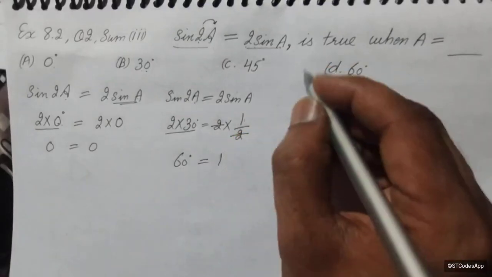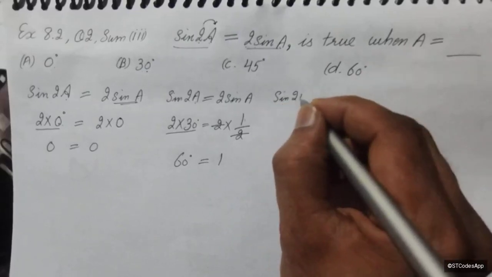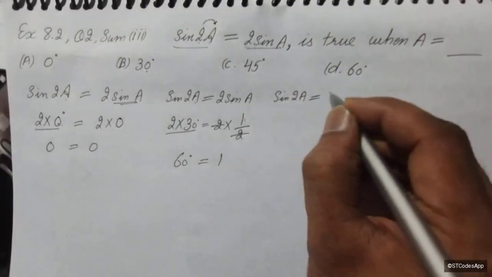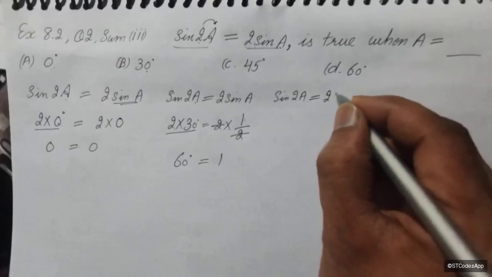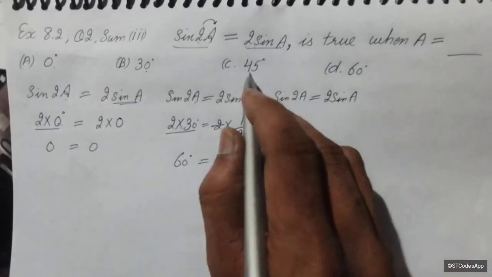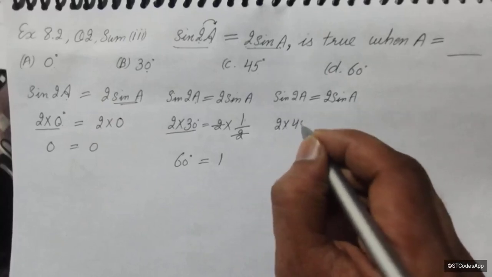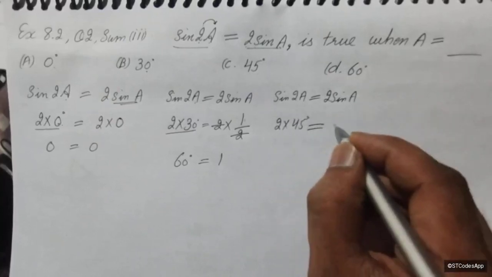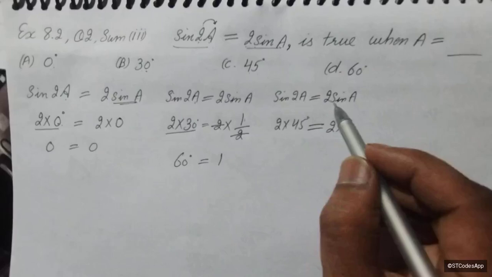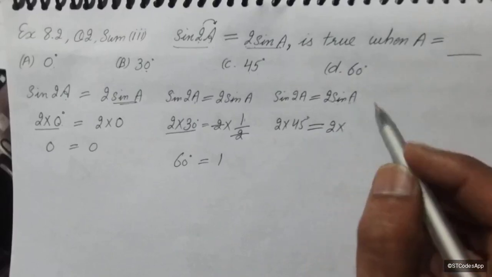Now we will use 45 degree. Sine 2a is equal to 2 sine a. Now the angle we use is 45 degree. Sine of 2 times 45 degree is equal to 2 multiplied by the value of sine 45 degree.